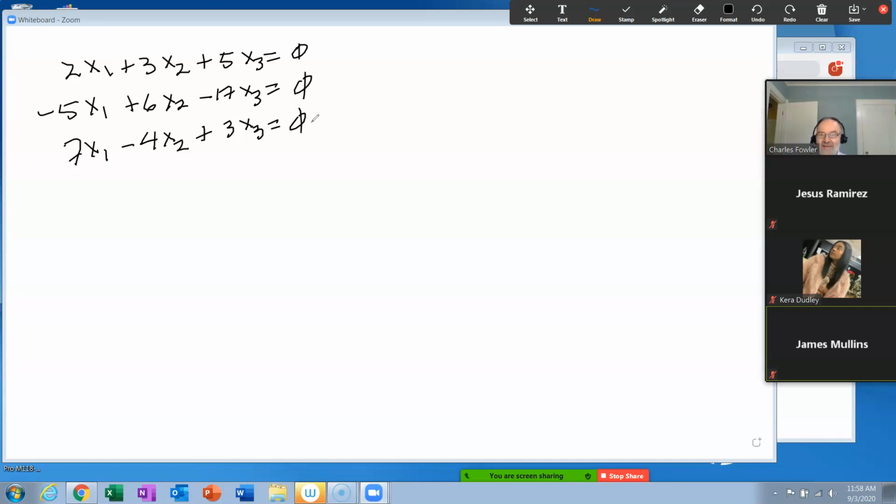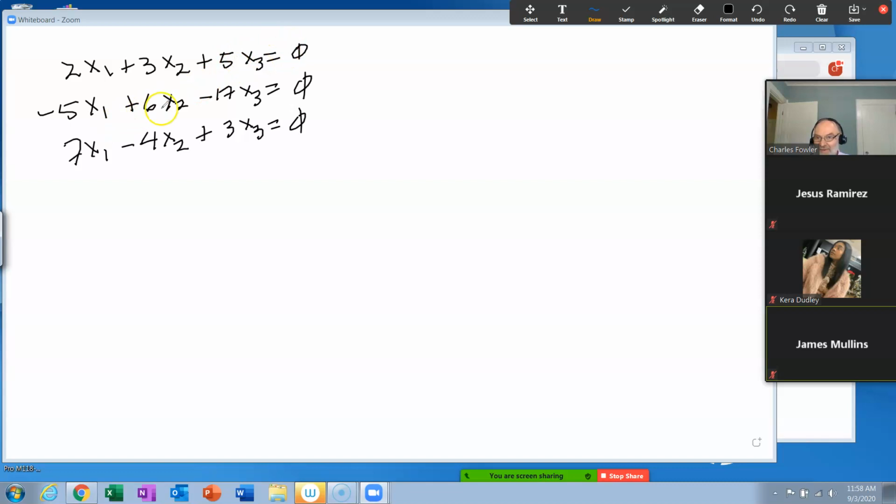Here's the giveaway. Notice what all your constants are at the end. They're all zeros. So if x1 is 0, x2 is 0, and x3 is 0, no matter what those coefficients are, when you multiply them by 0 and add them up, you're going to get a 0.